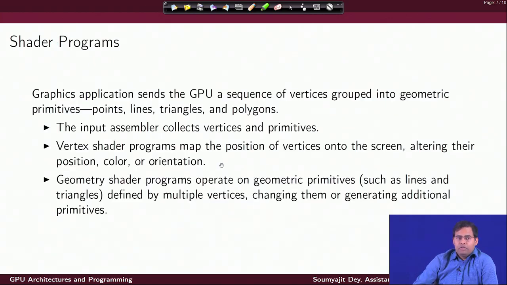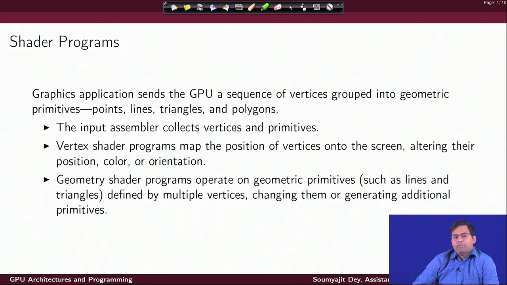So, why is this sequence there? As we have discussed, the graphics application will send this sequence of vertices. These vertices need to be processed by the GPU. The vertices may be grouped into different geometric primitives. They can be in the form of discrete points, or mathematical objects such as lines, triangles or polygons.